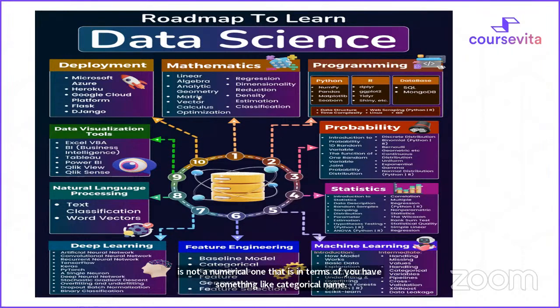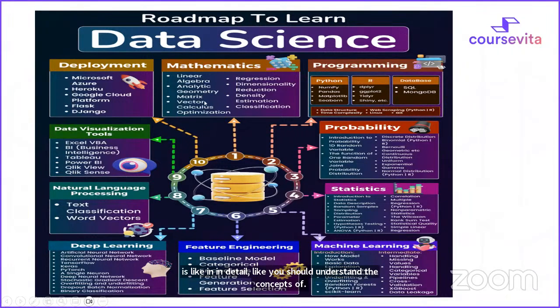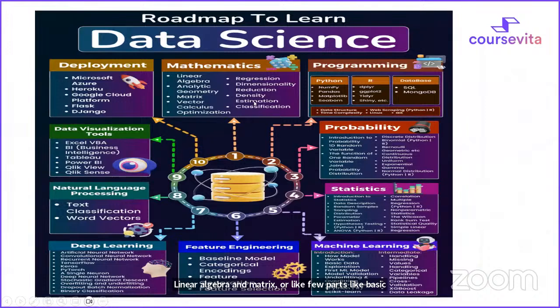How we deal with the numbers and how we deal with the names, you can understand only when you have a strong foundation of mathematics. In detail, you should understand the concepts of linear algebra and matrices, a few parts like basic vectors, calculus and regression. All these things come into the picture in statistics as well as probability.